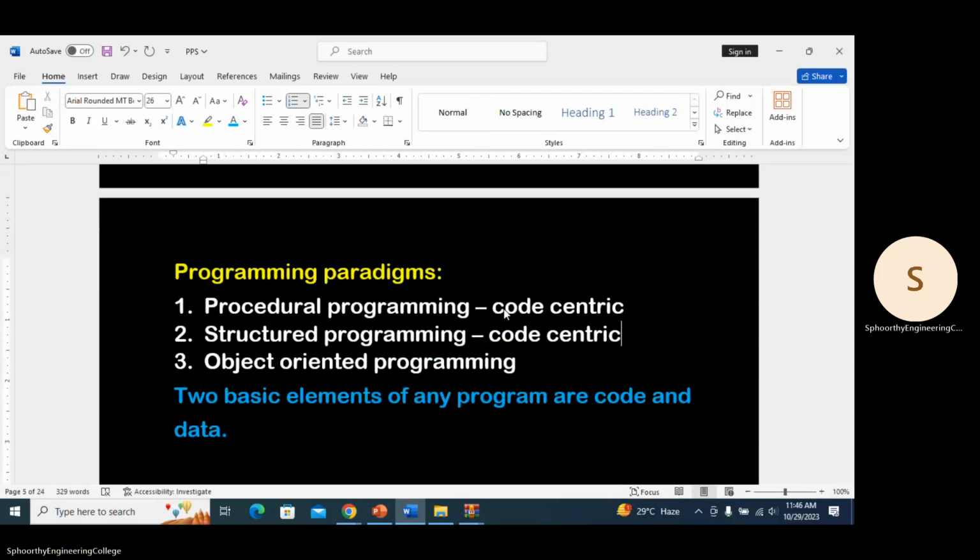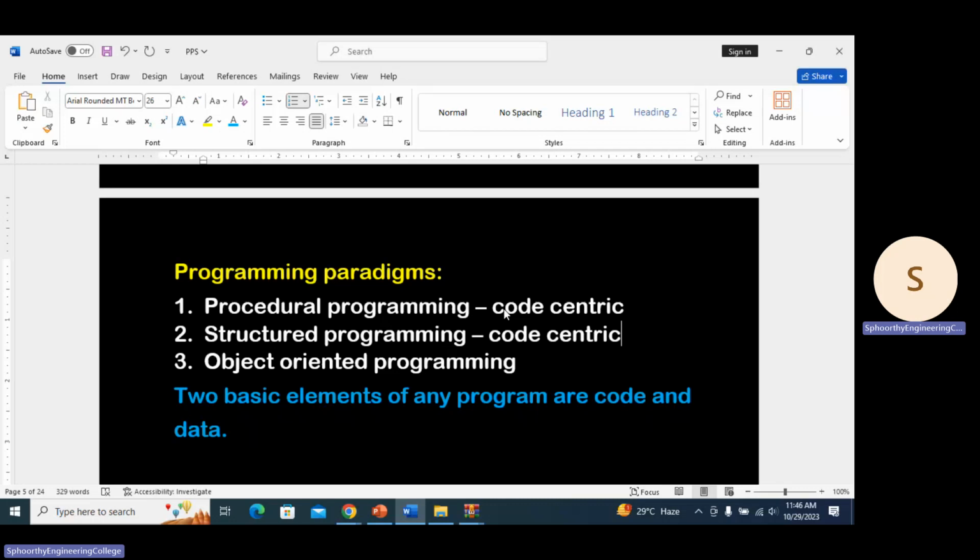But the main important point is, it took 30 to 35 years for people to understand a basic fact: code is not more important. It is data which is more important than code. When people realized data is more important than code, a different programming approach, a different programming paradigm was required.